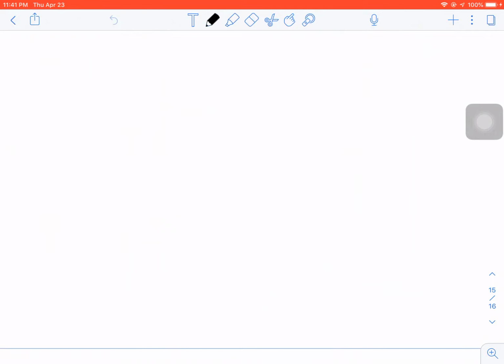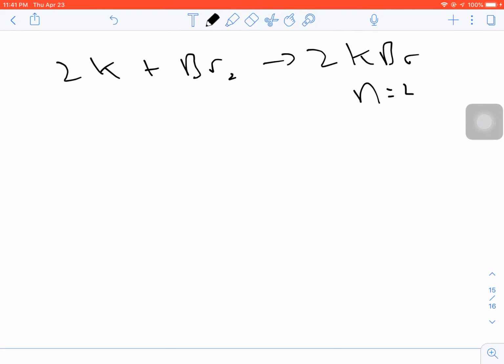Okay, so we had 2 potassiums reacting with a Br2 to make 2 KBrs, and I know my number of moles is 2 moles. Now, if I want to calculate my number of moles of Br2, I'm going to look at the question. I'm going to say the number of moles of Br2 is my unknown.